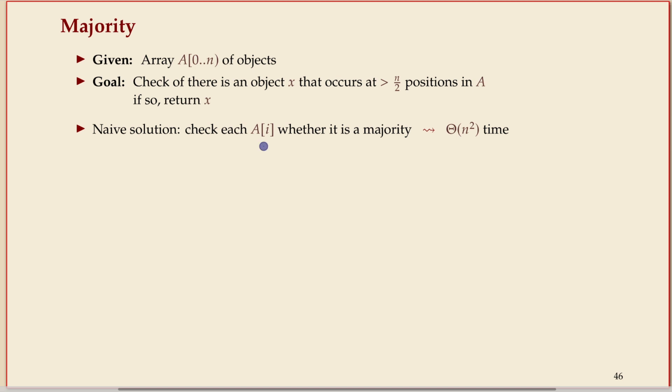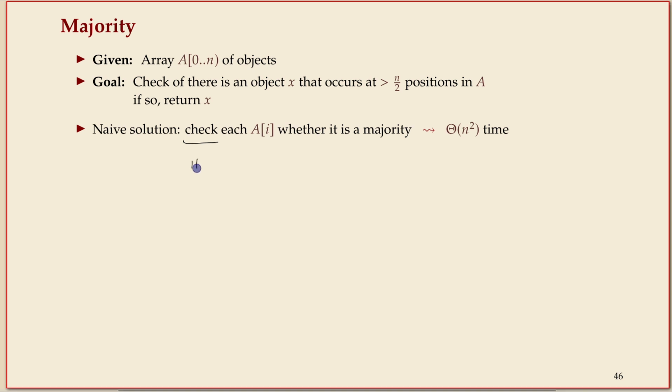Let's see what we can do without much sophistication. You can go through the array and try every element and check if it is a majority. How do you do this check? Well, you compare it with every other element and keep a count of how often it came out equal.